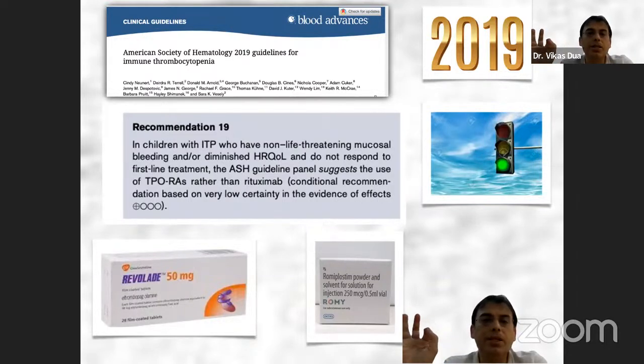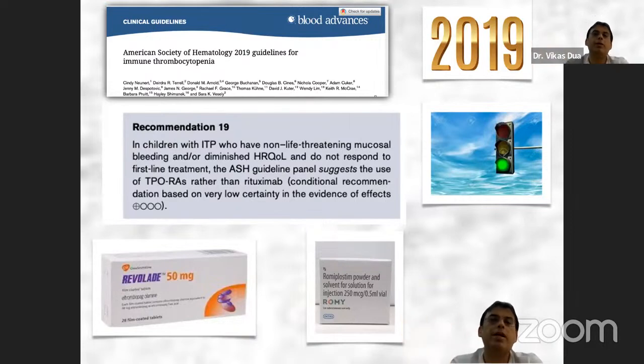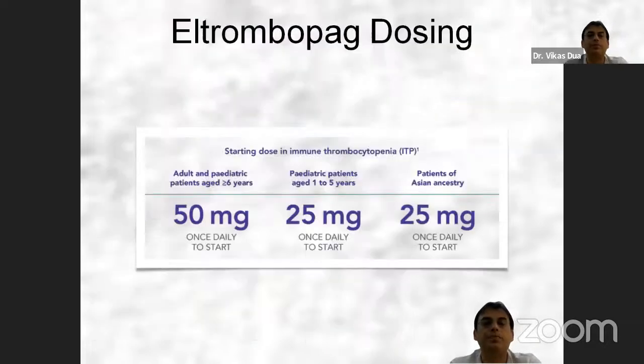If you target the B cells, the production of antibodies will decrease. But the flip side of rituximab is that it is going to make you immunodeficient. Your B cells will go down and you would be at risk of infection. So ASH says avoid rituximab and use Revolade or romiplostim.